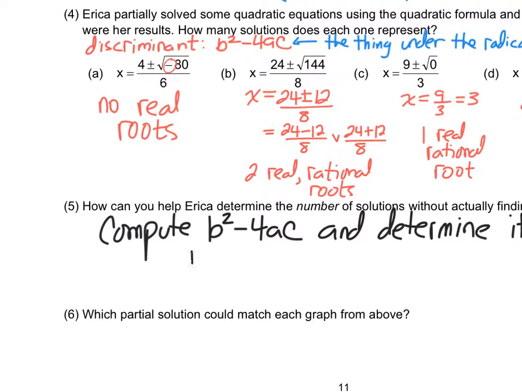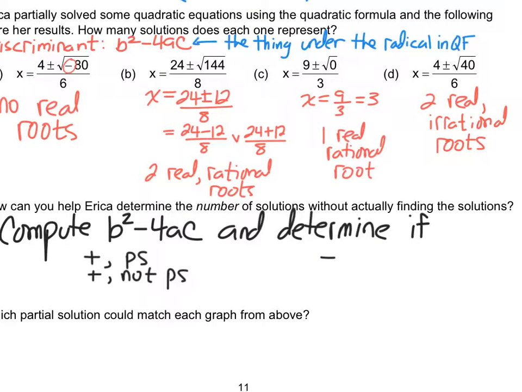We got positive and a perfect square, positive and not a perfect square, negative, just negative in general, or the other possibility, 0. All right, if it's positive and a perfect square, then we're talking about two real rational roots.